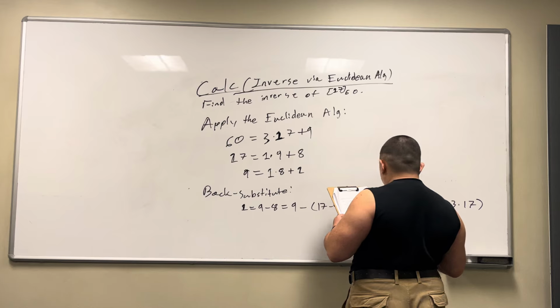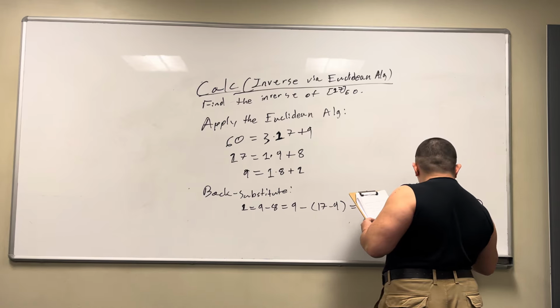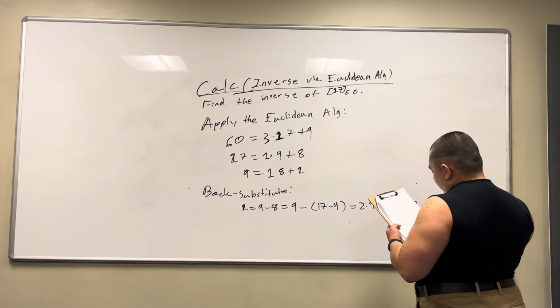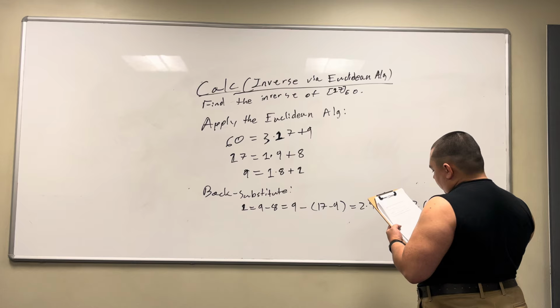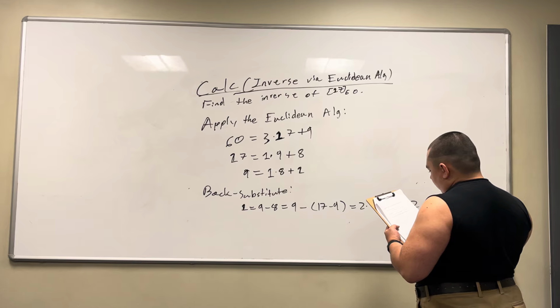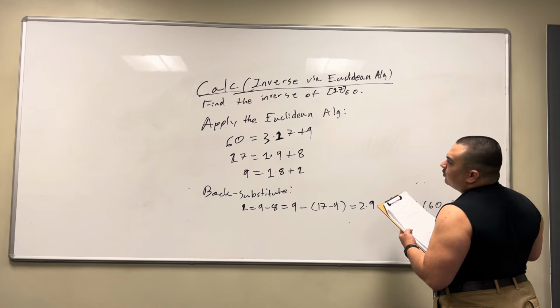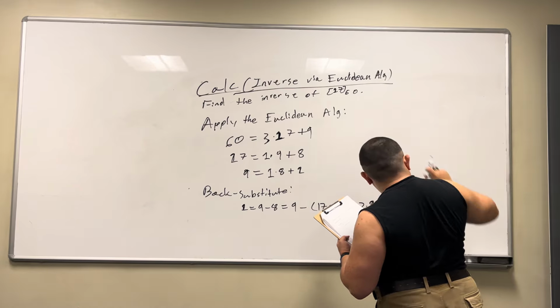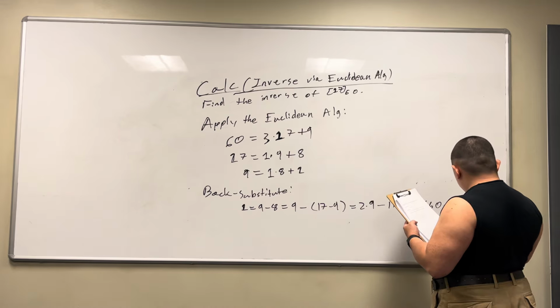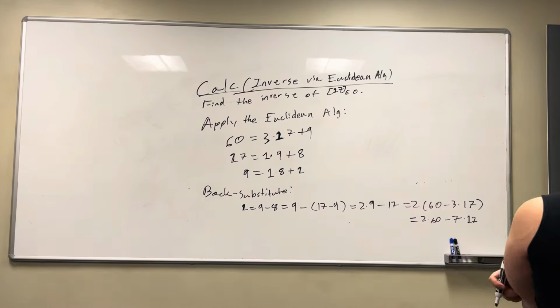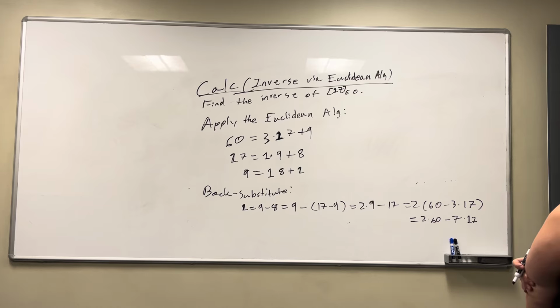Which, at the end of it, is equal to 2 times 60 minus 7 times 17, because that's what I put in my notes. Let's see. 2 times 60.